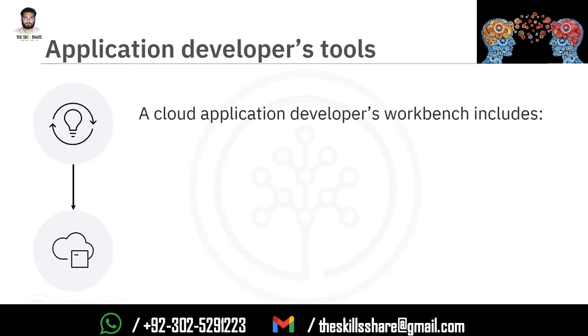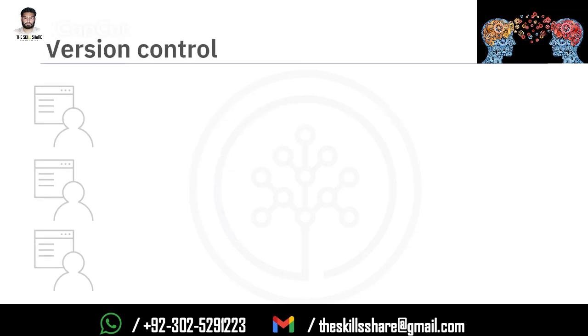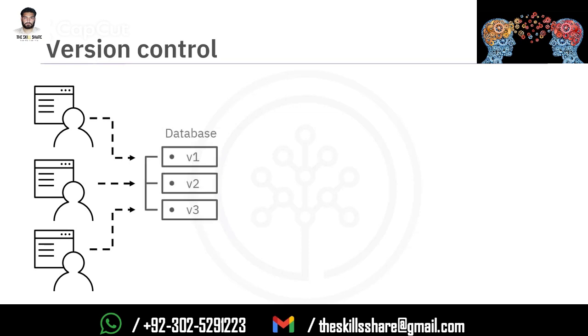A cloud application developer's workbench includes version control, libraries, and frameworks. When many developers are working on the same project, knowing what order changes were made, thereby creating a new version of the source code, becomes overridingly important.